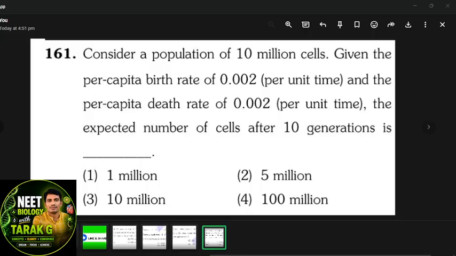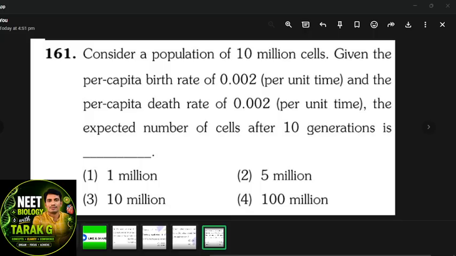We have to find the birth rate, called small b, and the death rate, small d, that is, natality and mortality. The population growth rate formula is r equals b minus d, so 0.002 minus 0.002 comes as 0. When r is equal to 0, what will happen? The population remains constant, with zero population growth rate.